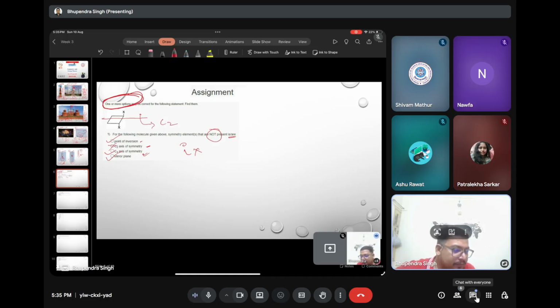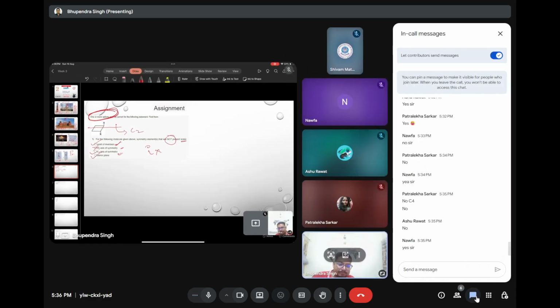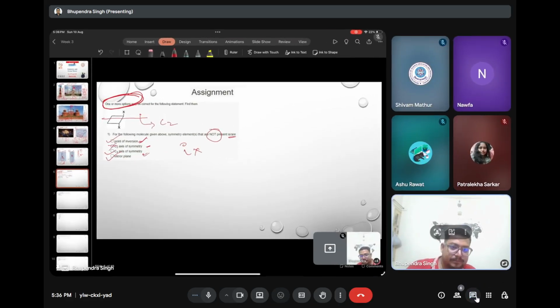Are you able to follow this point of inversion? It is not present, right? Ashu, are you able to follow this point of inversion?